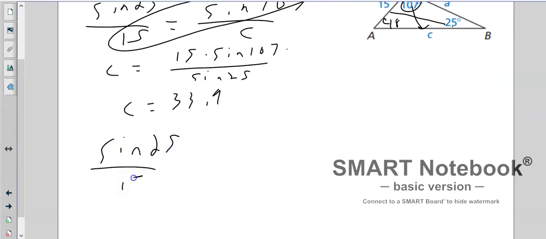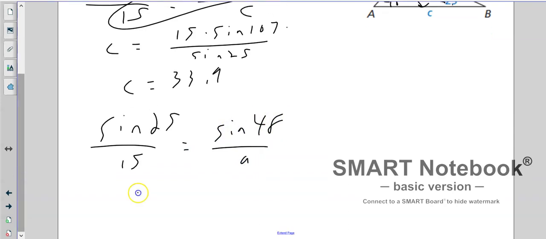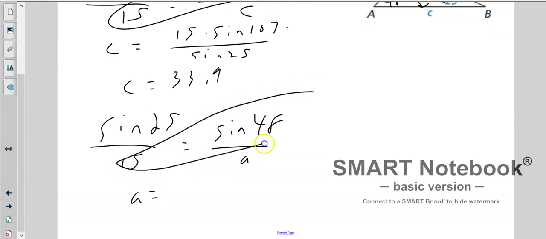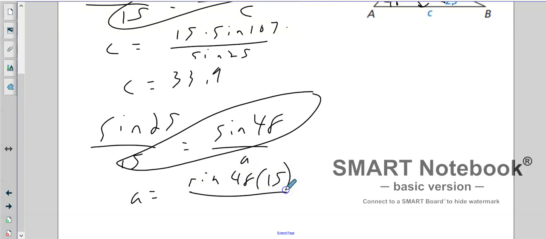That's my preference. So, sine of 48 over little a. And it's the same math. A equals sine of 48 times 15 all over sine of 25.